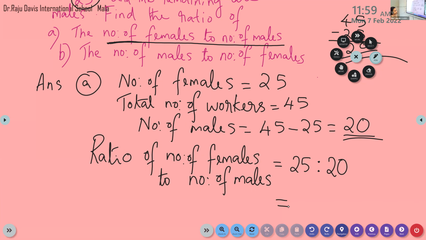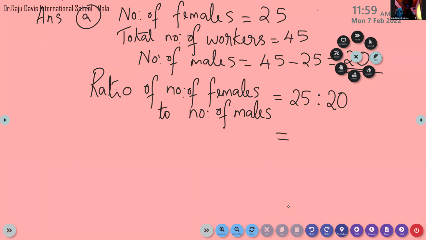You will divide by which number? The highest common factor, 5. So 5:4. Yes, 25 when you divide by 5, you will get 5. 20 when you divide by 5, 4.